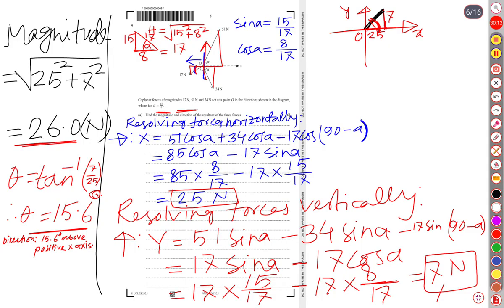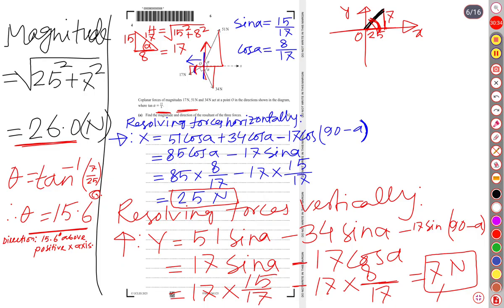Still B is left. So for A, what did we do? Once again, in brief: first we resolved all of the forces horizontally and got 25 Newton, then we resolved all the forces vertically and got 7 Newton.